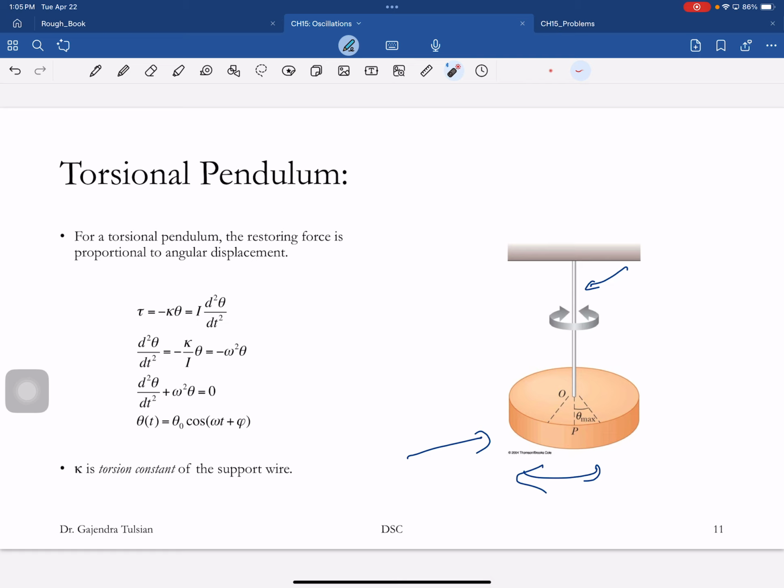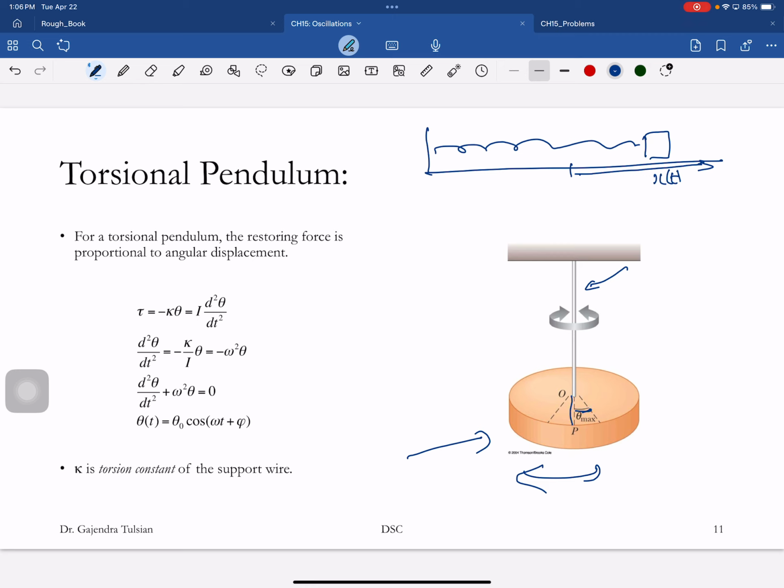All right, so for the mass attached to the spring, the relevant coordinate was x, this distance, to measure its disturbance from the equilibrium. For this one, what you want is to measure this angle as you're twisting it.